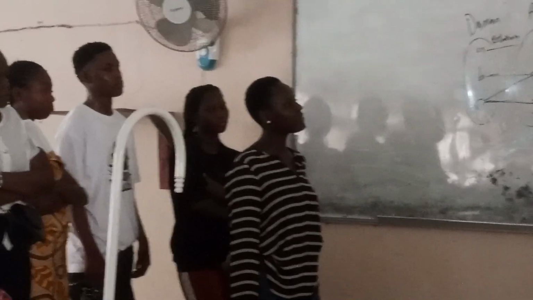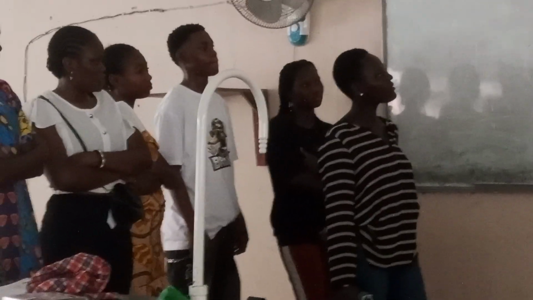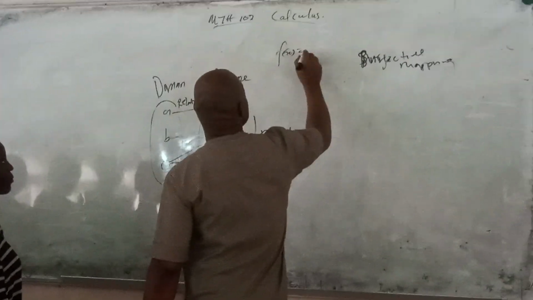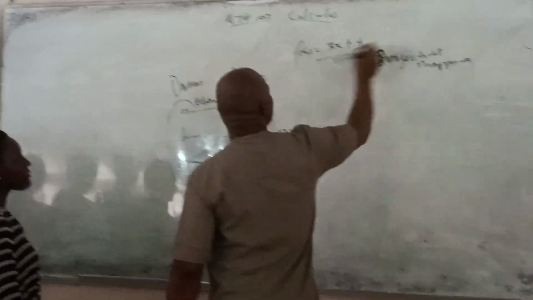If a relation is given and the domain is not given, what do you do? For example, if you have f of x equals 3x plus 4, where the domain is not explicitly written, and you are asked to determine the domain and the range, what do you do?